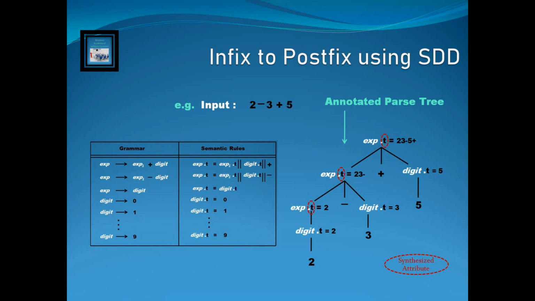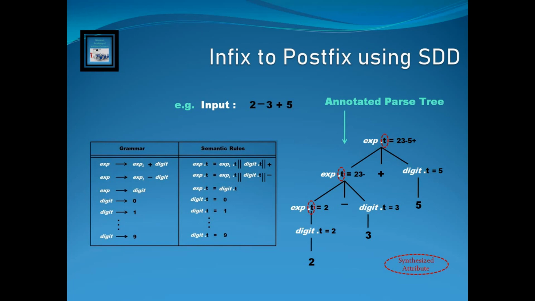Secondly, we see how this process is accomplished. It is accomplished by drawing an annotated parse tree. In order to draw that annotated parse tree, firstly we have to draw the simple parse tree, and then gradually compute the values of its attributes, and when it is completed, we can say that it is an annotated parse tree.